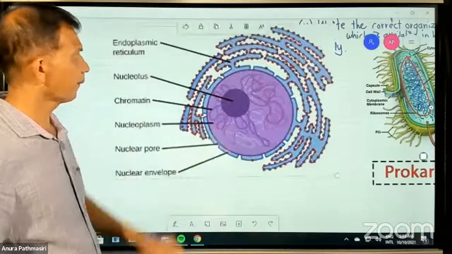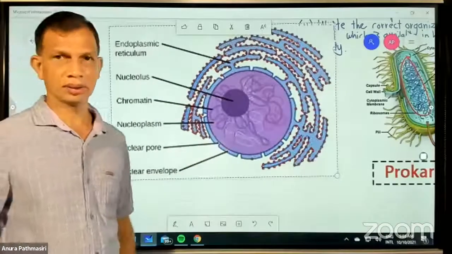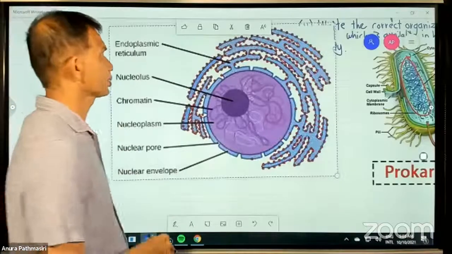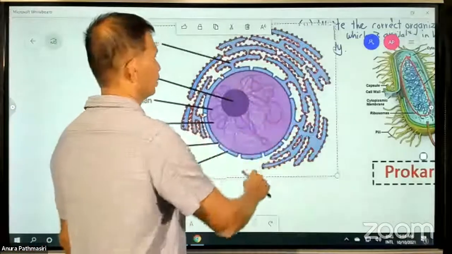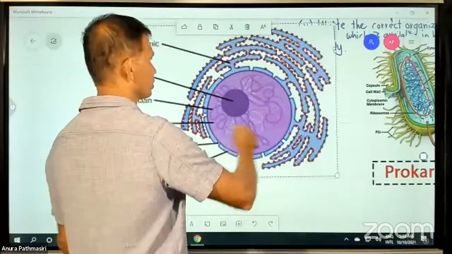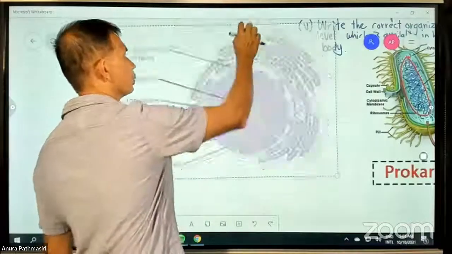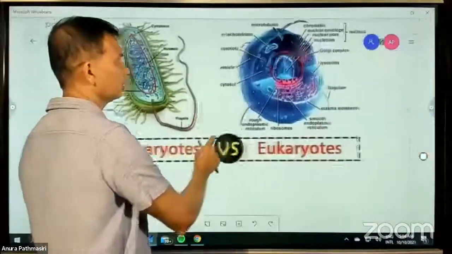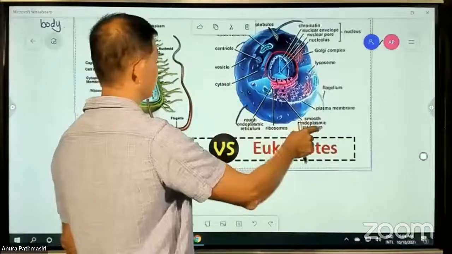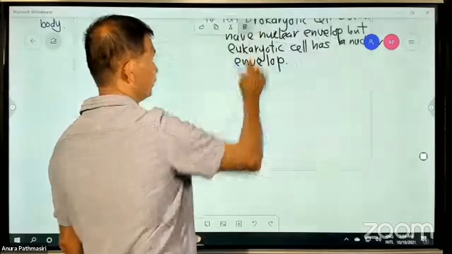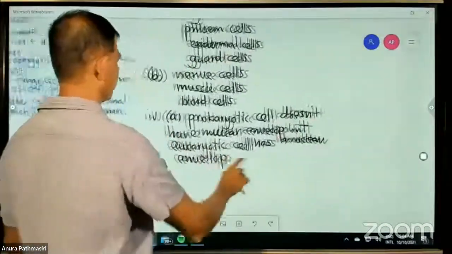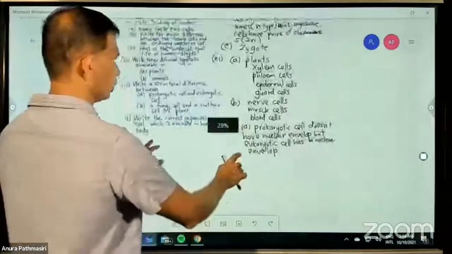This is the eukaryotic nucleus, well covered, and these are chromatins. It becomes a chromosome when the cellular cell division starts, right? Going to that part.